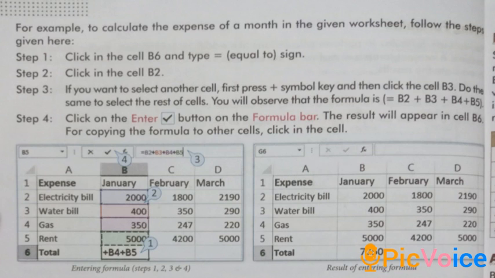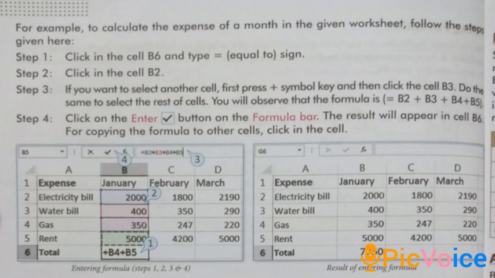Suppose we want to calculate the marks of students. When we want to calculate marks, we have to follow three steps. The first step is to click in the cell where we want to display the total marks.